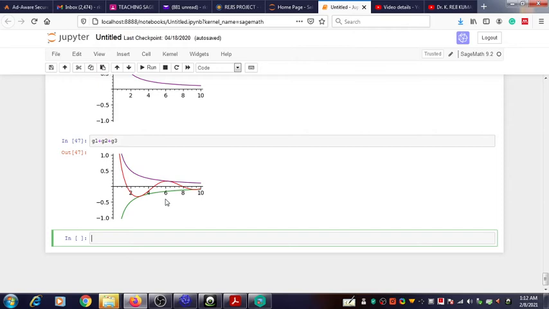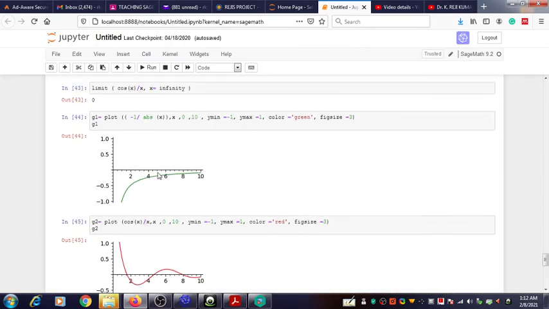Then by using the squeeze theorem, the limit of the given function, that is cos x by x, is approaching 0.